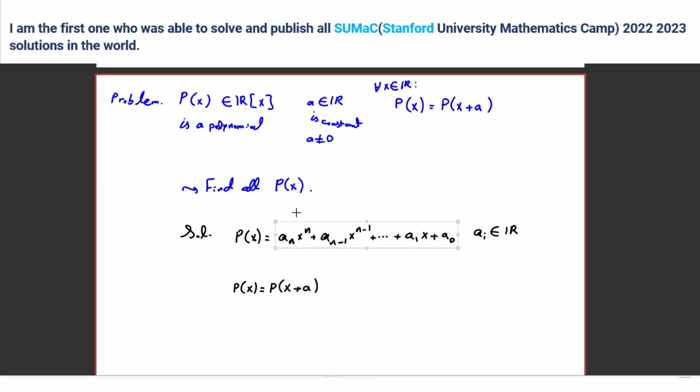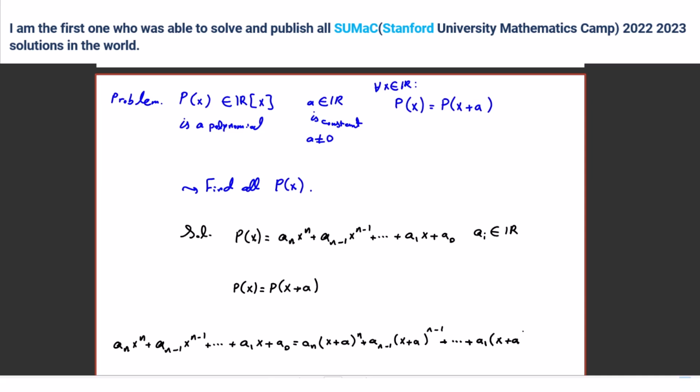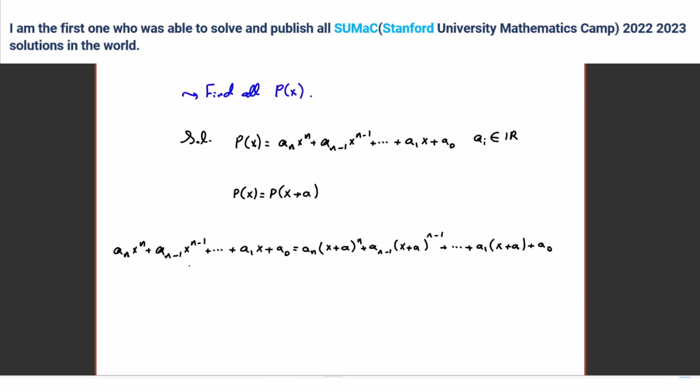This one is P of x, which is equal to a_n (x plus a)^n plus a_(n-1) (x plus a)^(n-1) plus ... plus a_1 x plus a_0. And we agree it is correct for infinitely many x, right? So when these two are equal for infinitely many x, what can we conclude?